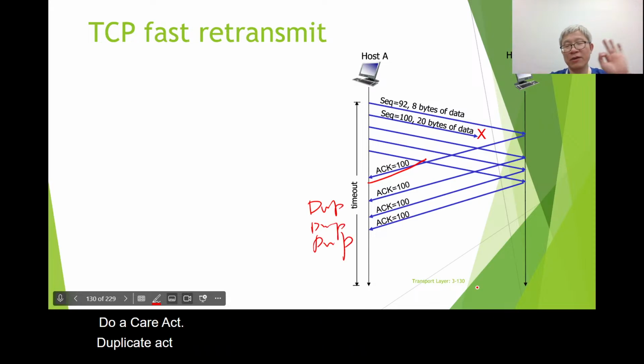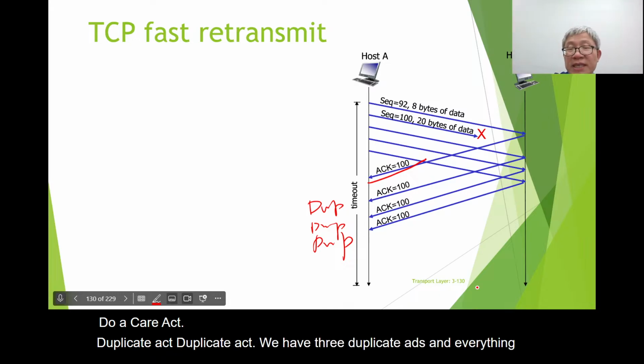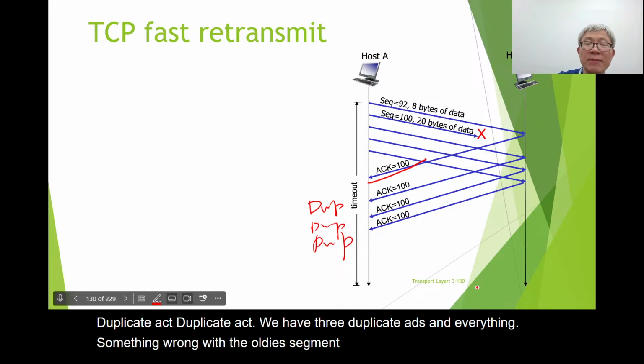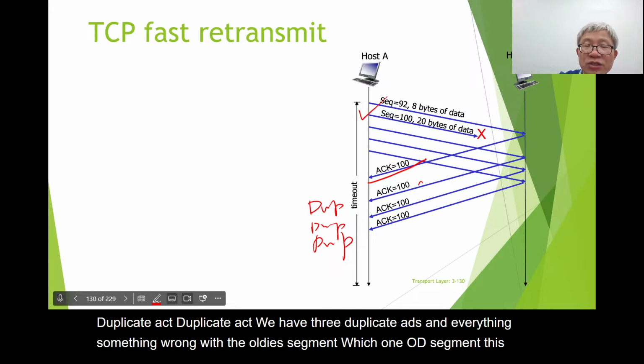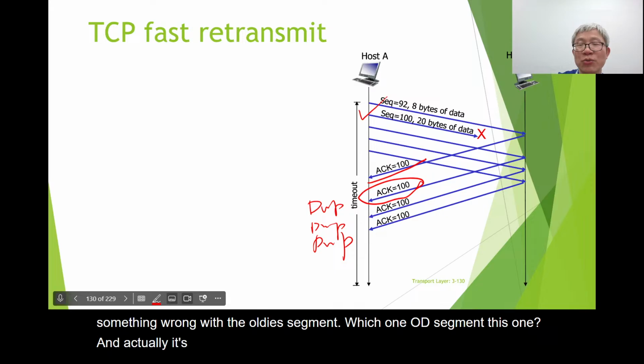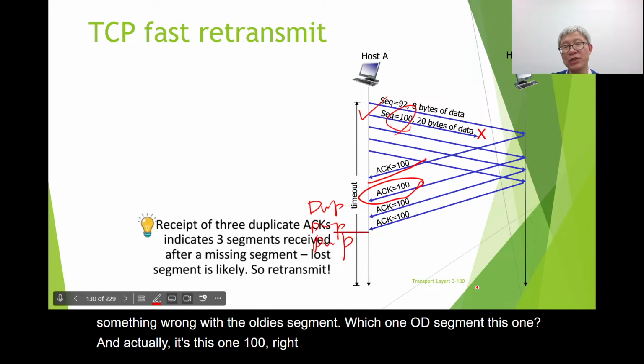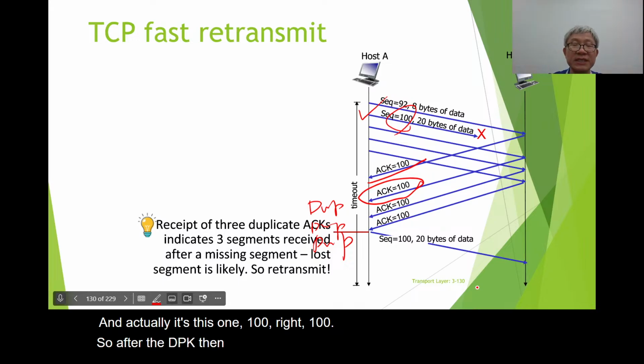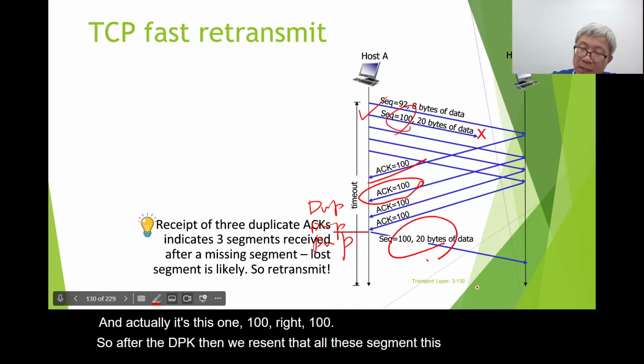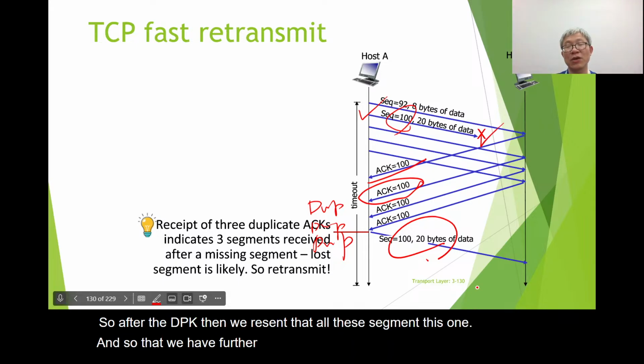We have 3 duplicate ACKs, and then we think something is wrong with the oldest segment. Which one is the oldest segment? This one, and actually it's this one, 100, right? So after 3 duplicate ACKs, we resend that oldest segment, this one, so that we have the retransmission for this lost segment.